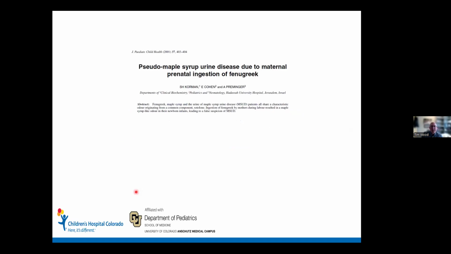So what I wanted to have a little bit of discussion about is, I wondered if anybody else is getting an uptick in patients being referred for the smell of maple syrup. And this is one of the references that I go to about prenatal or postnatal fenugreek exposure.